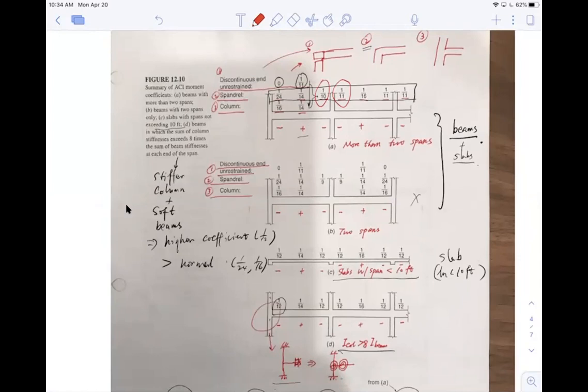So we are using both, right, since we're getting a moment on either side? That's right, you use both.